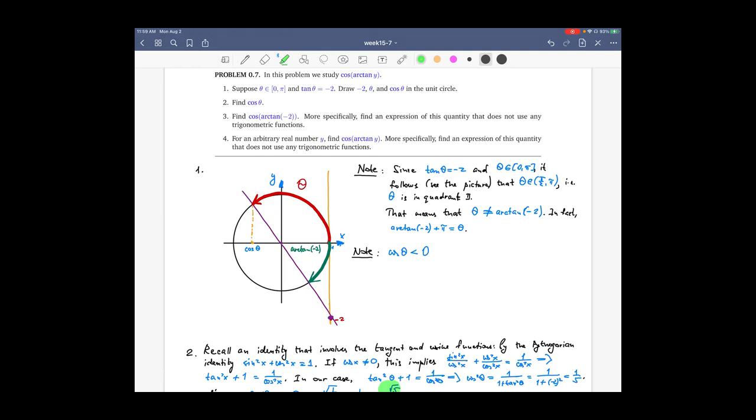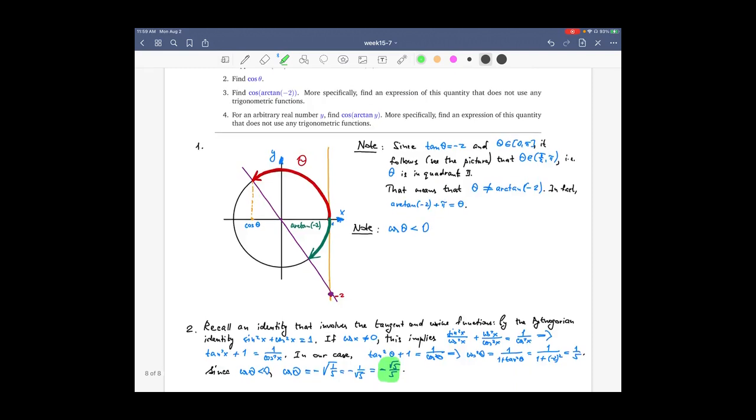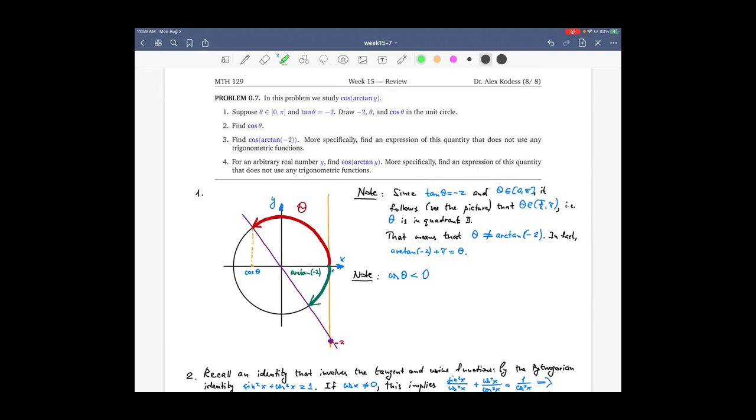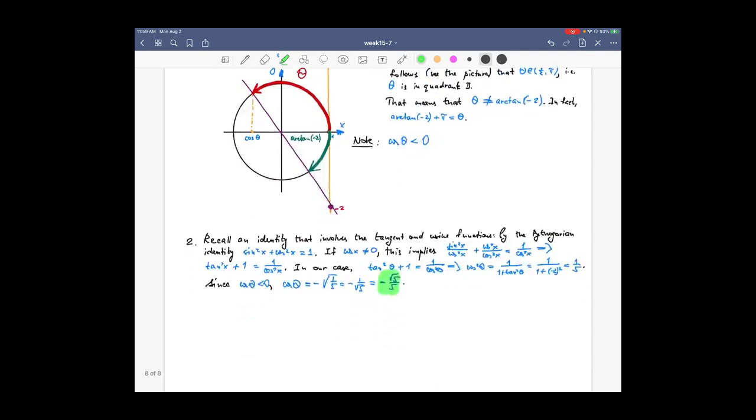Now, in part 3, we need to find cosine of arctangent of negative 2. You have to be absolutely careful here.